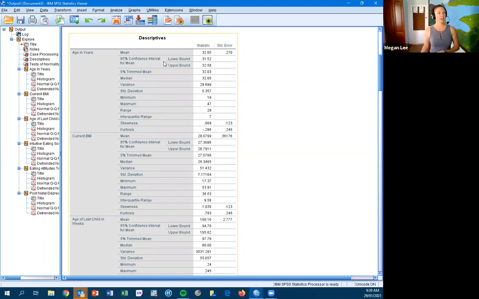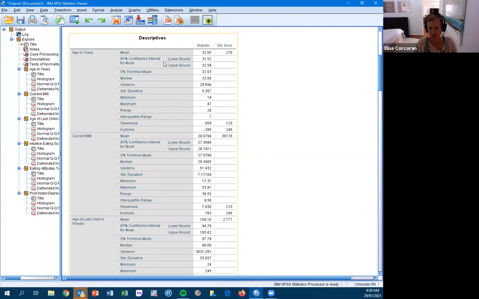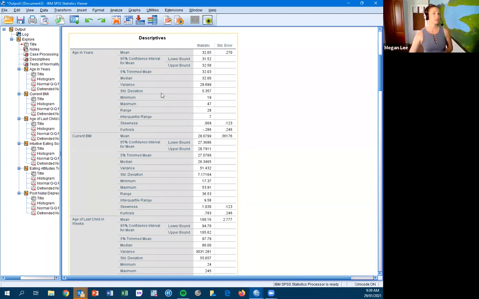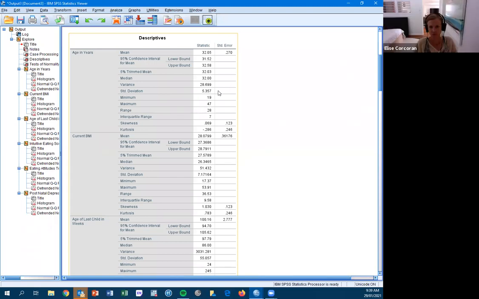Okay, our standard deviation. Who can tell me what the standard deviation is of the age of our mums? Can we see where the standard deviation is? Yeah. That's like 27 to 37.